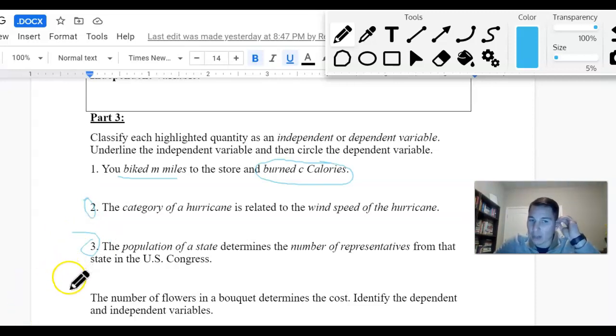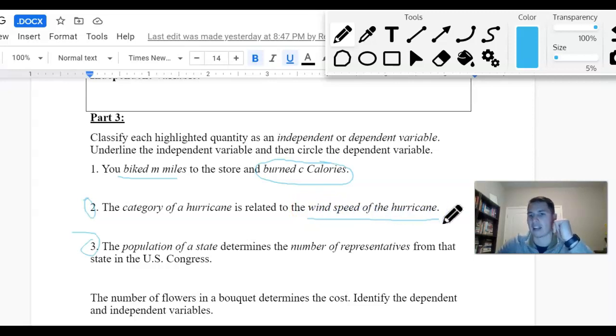Okay, the category of a hurricane is related to the wind speed of the hurricane. Ooh. Which one comes first? Do we put a category to the hurricane first? Or do we first have to find the wind speed of the hurricane? Put your meteorologist brain on. I think we have to find the wind speed of the hurricane first.